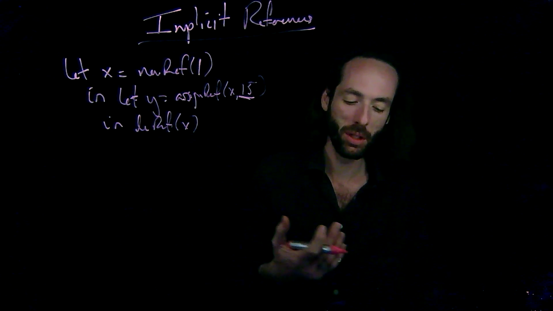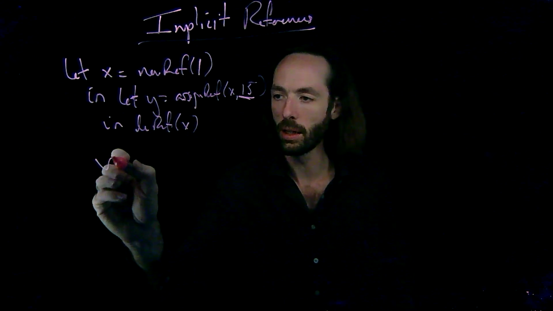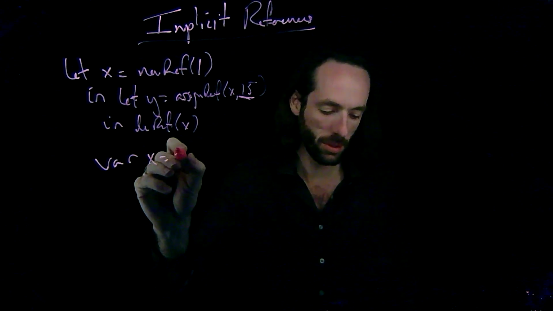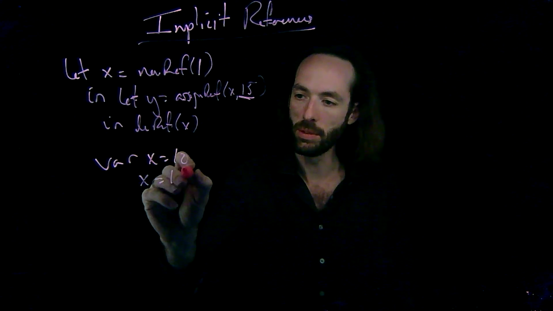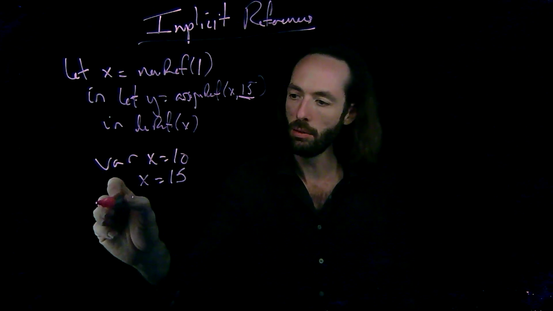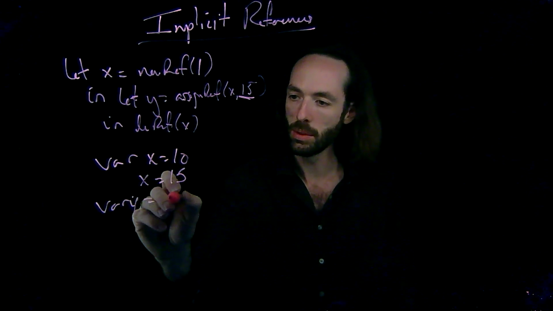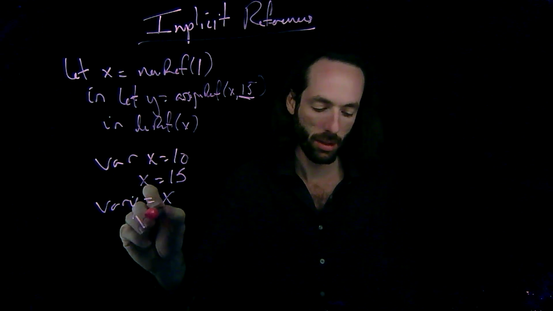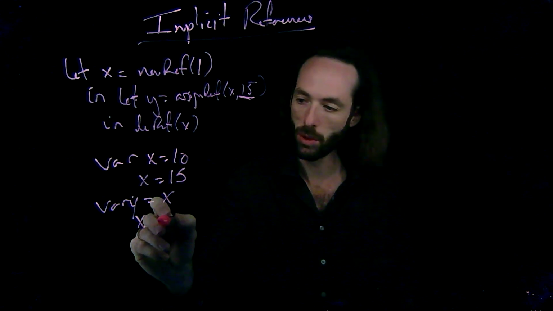Instead, I want to do something more like Scala, where I can do something like var x is equal to 10, x is equal to 15, var y is equal to x, and then maybe x minus 45.